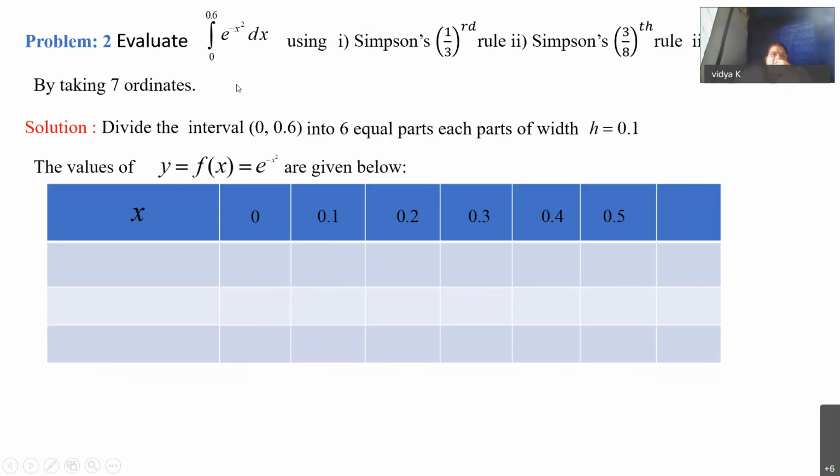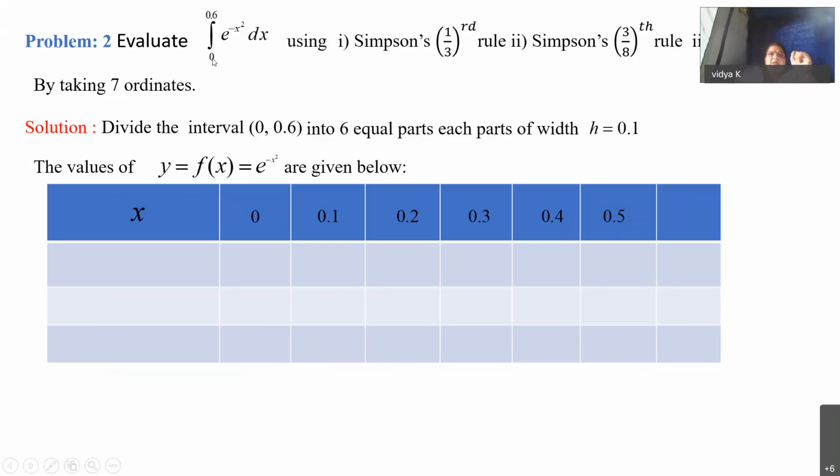With 7 ordinates, n should be 1 less, so 6. So h you get 0.1.